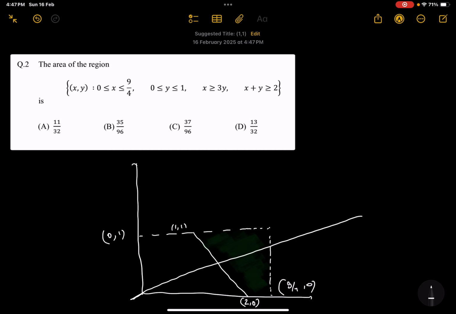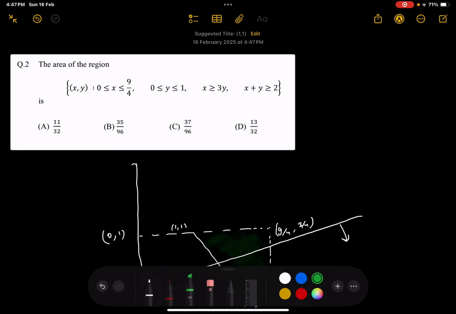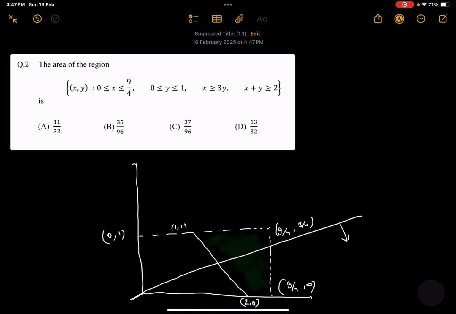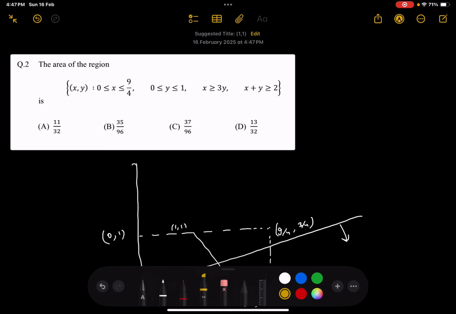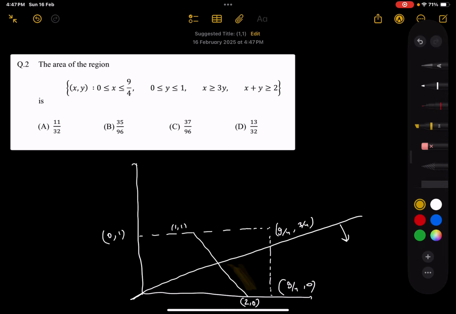Something like this, 9 by 4 comma 3 by 4, and x greater than or equal to 3y means this region. So our final region we have to find the area of is this region.